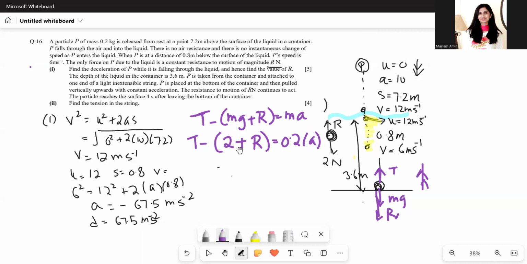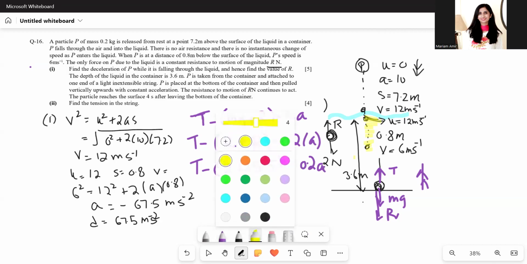So the equation is T minus 2 minus 15.5 is equal to 0.2 times A. Now we need A to find tension.